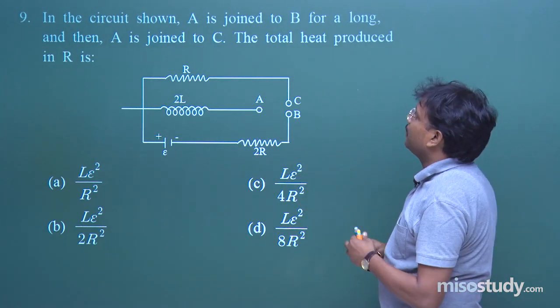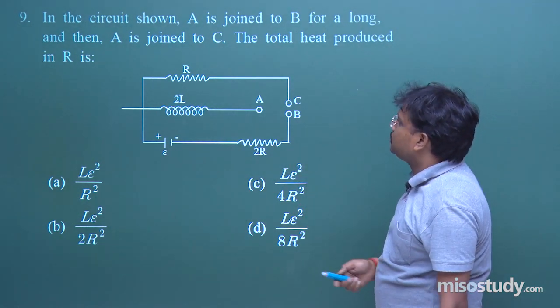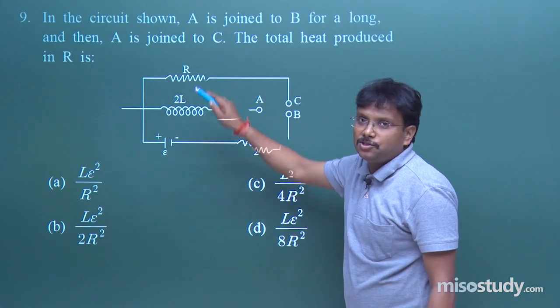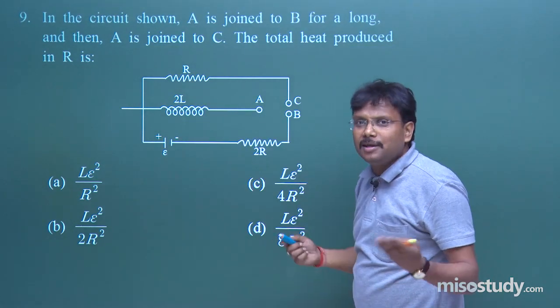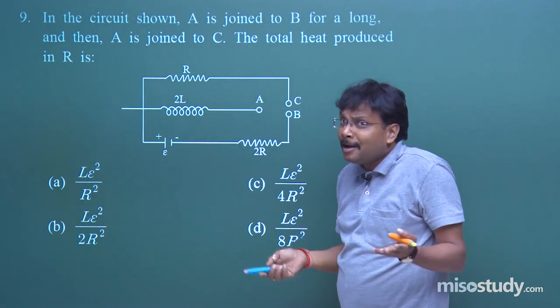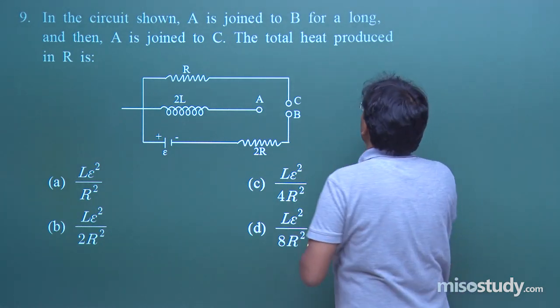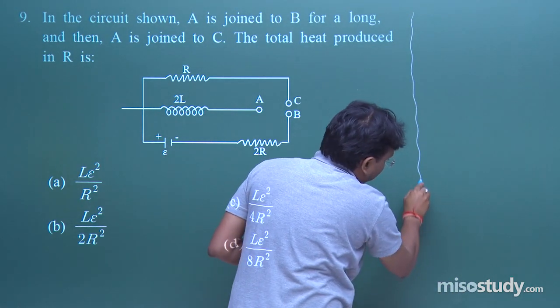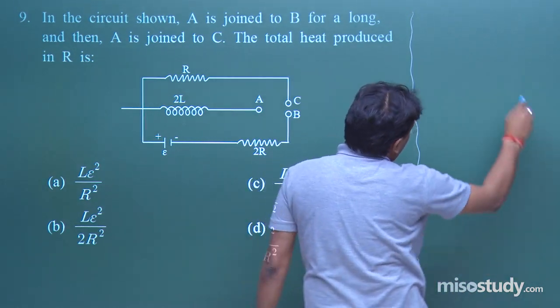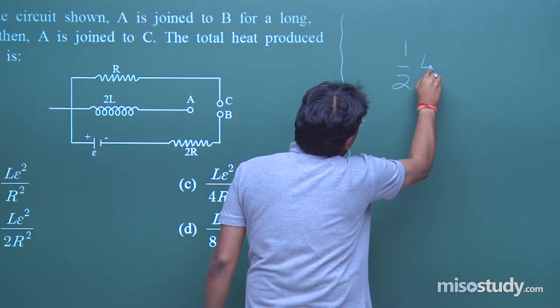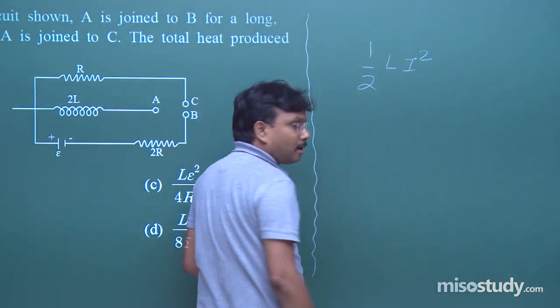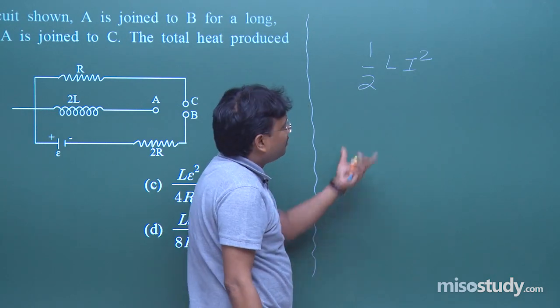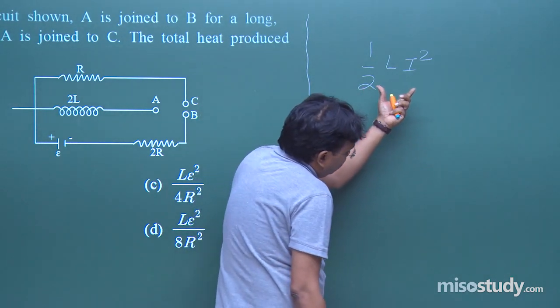The idea is simple. The total heat produced in R, how much? The total energy stored over here is the total energy produced over here, in the ideal condition. That is half L i square. Not a difficult aspect. This is the total energy stored in the inductor.